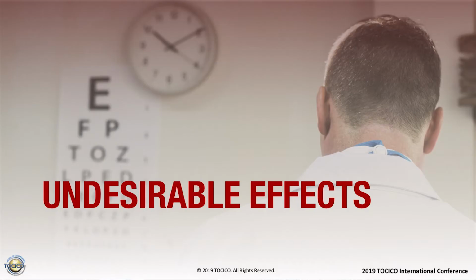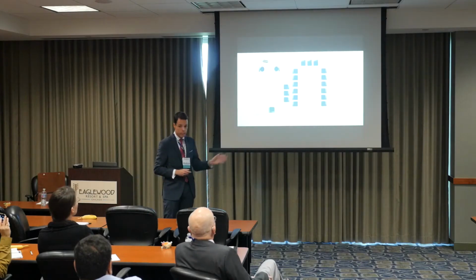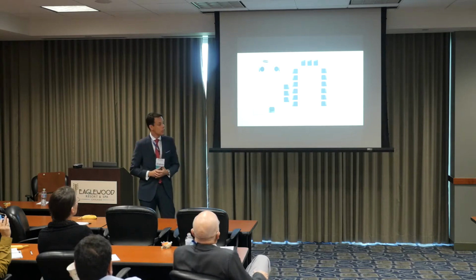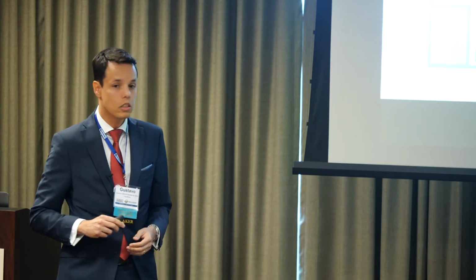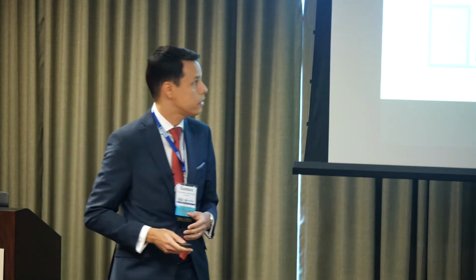So what were our undesirable effects? Well, this is the structure where I worked. This is the waiting room, and this is where I used to perform the exams, and there was another smaller waiting room there.